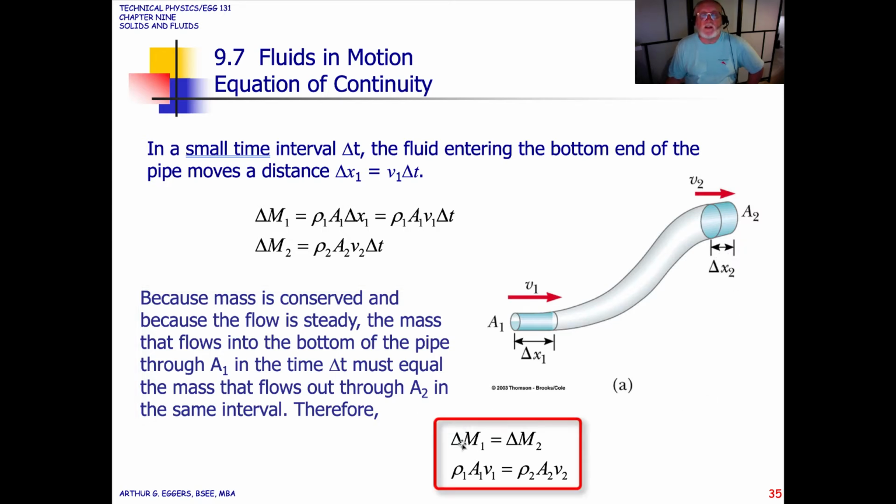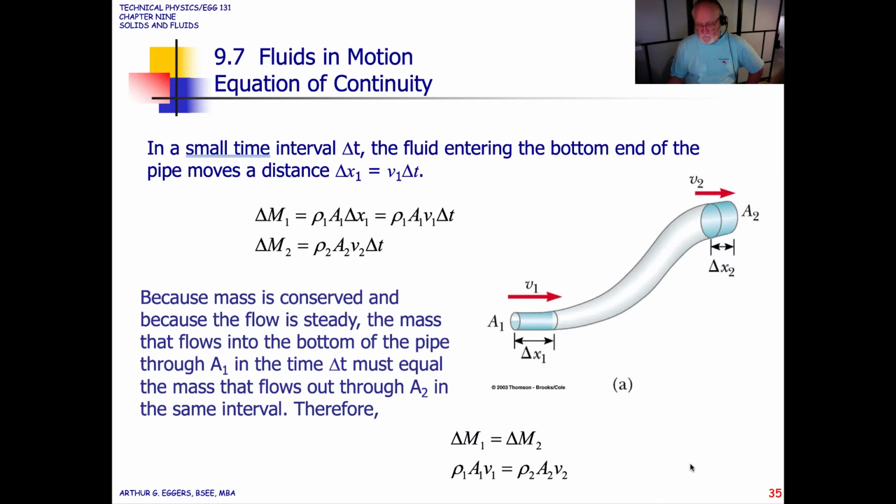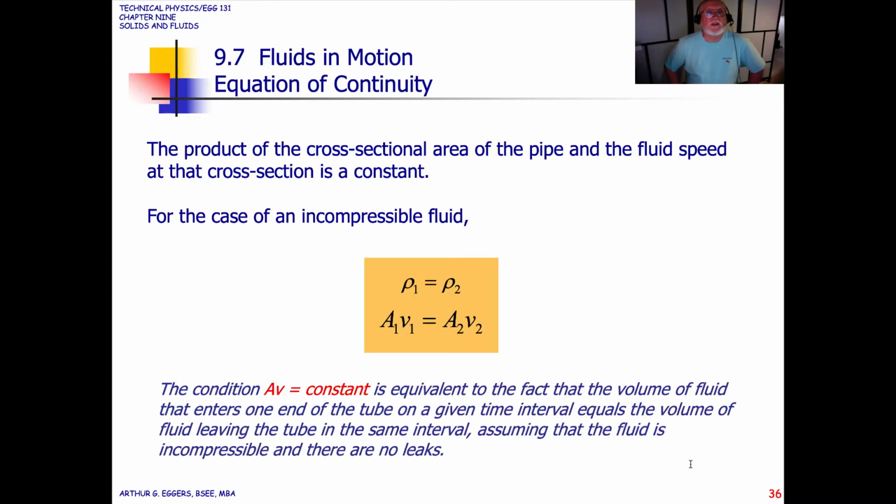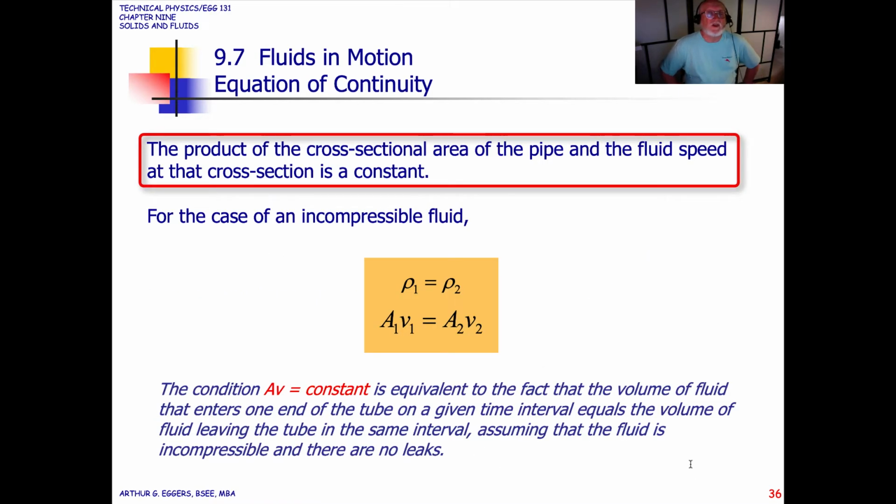So we have the change in mass 1 is equal to the change in mass 2, which we can expand then to be rho 1 A1 v1 equal to rho 2 A2 v2. So for an equation of continuity, the product of the cross-sectional area of the pipe and the fluid speed at that cross-section is a constant.